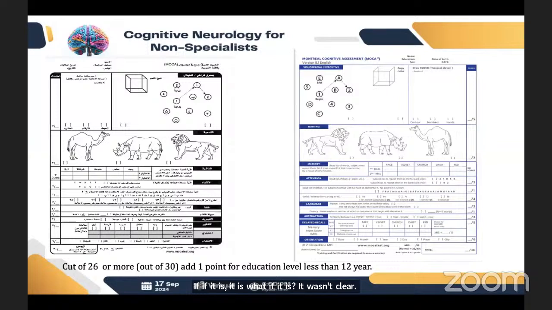And for the calculation, the scoring is clear in the worksheet. If the patient got 4 or 5 correct subtractions, they will get the maximum score, which is 3. But if they got 2 or 3 correct responses, they will get the score 2. And if they got 1 correct response, they will get the score 1.